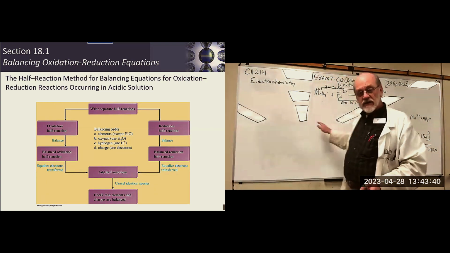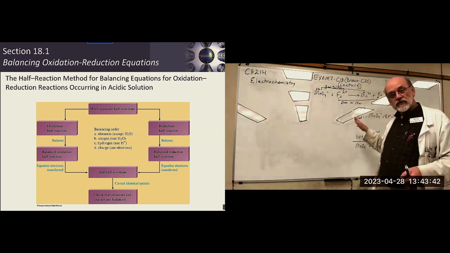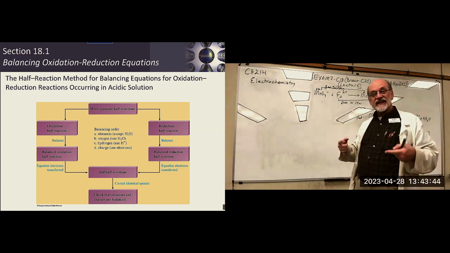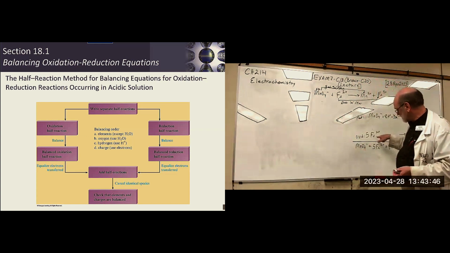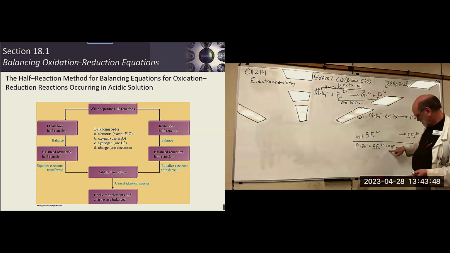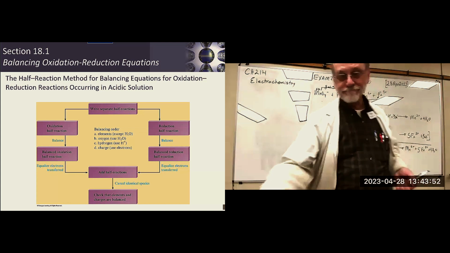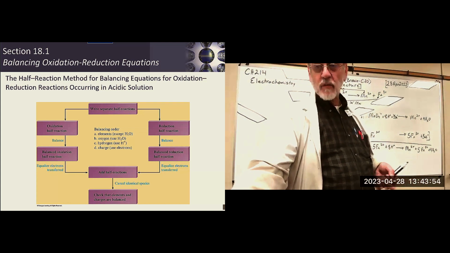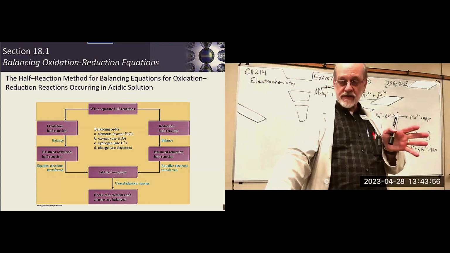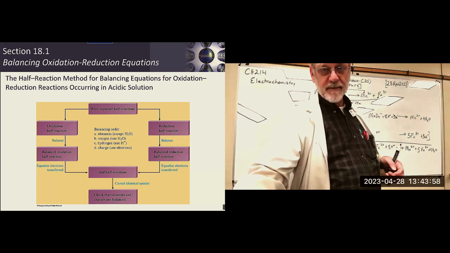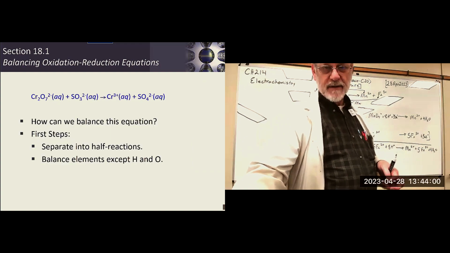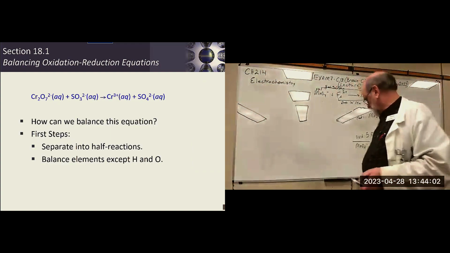The method I used here is for solutions that we know are acidic. They have these protons. Now we're going to learn how to balance basic solutions in a few minutes. Okay, there's another one.